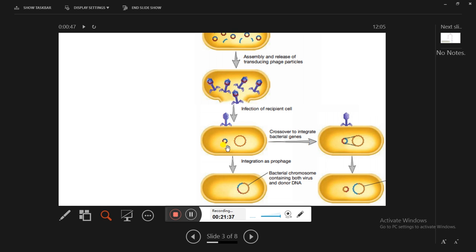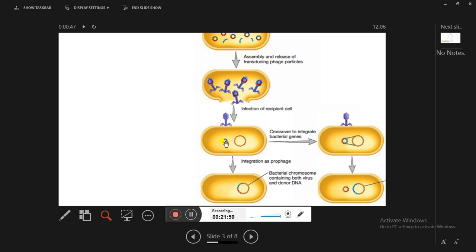And now this bacterial cell does not contain random genes from the previously infected host cell. There will not be any random genes as the host cell's genome, but either galactose or biotin. There will be genes for galactose or biotin synthesis. Okay, genes for utilization. That's why this is known as specialized transduction.